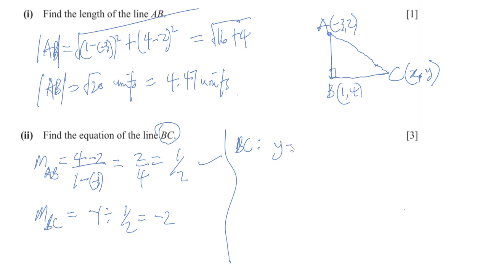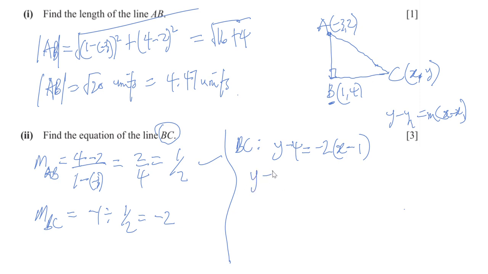Equation of straight line: y minus y1 equals m multiply x minus x1. Now the point B is on line BC that we are finding, so we can substitute the coordinate B into the general equation. So now our y1 is 4, equals gradient of BC, minus 2, multiply x minus x1, which is 1.